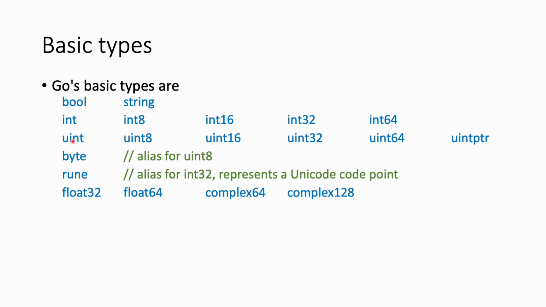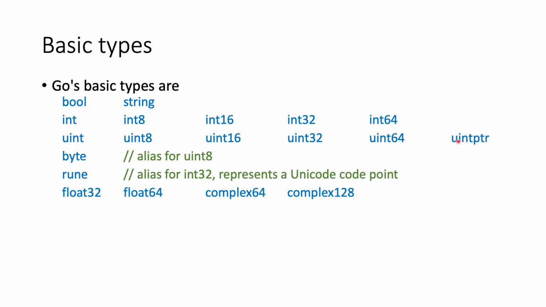And it has 6 different basic types for unsigned integers, including uint, uint8, uint16, uint32, uint64, and uintptr.